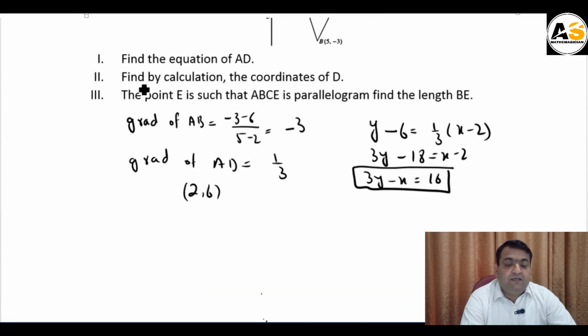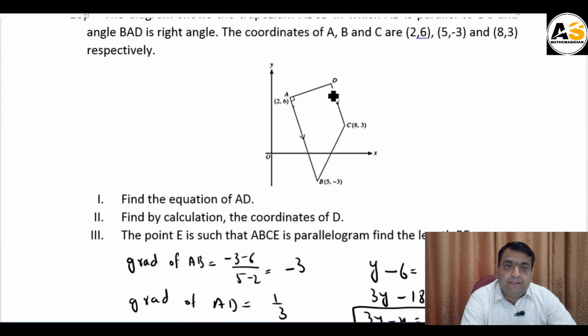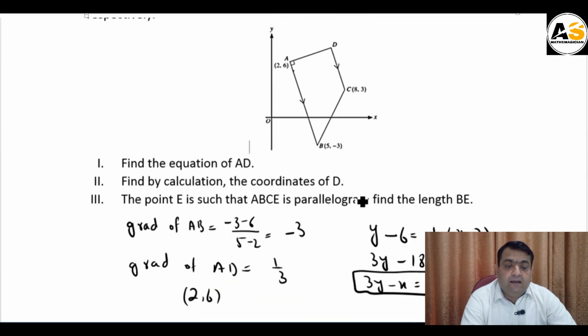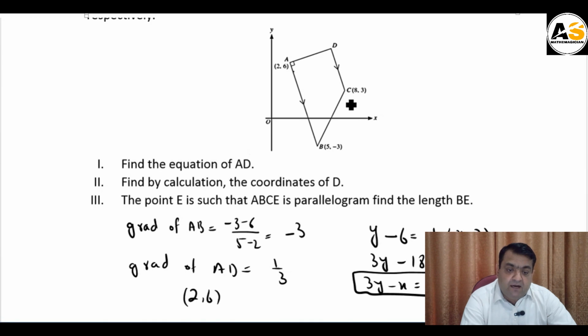Find by calculation the coordinates of D. Dear student, this is D. This is the intersection of AD and DC. We have the equation of AD. Now we will find the equation of DC. DC is parallel to AB, so its gradient is -3, and it passes through C (8, 3).